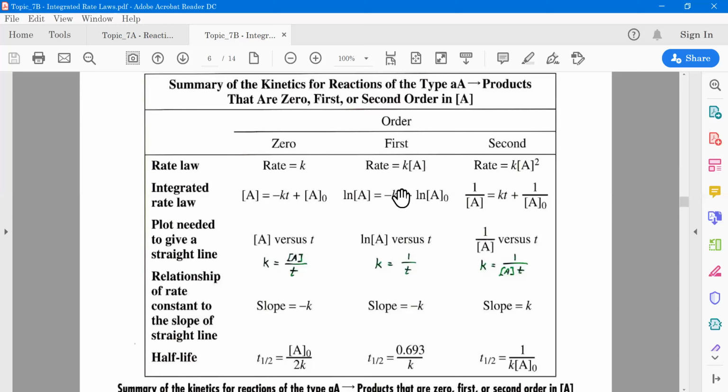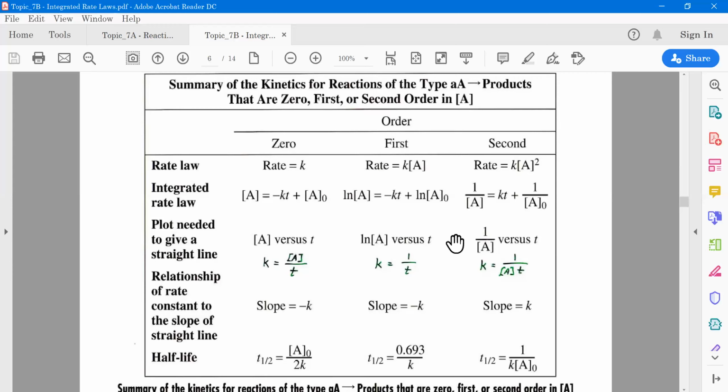So the log of A equals minus kt plus the log of the initial concentration, which is the intercept. And for a second order reaction, a plot of 1 over A versus t will give a straight line with a slope of k and an intercept of 1 over the initial concentration.